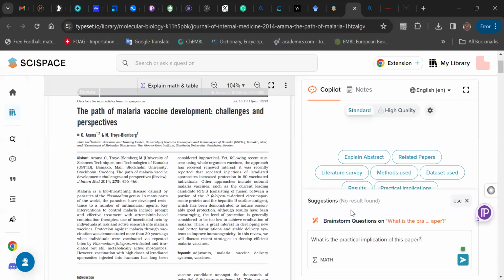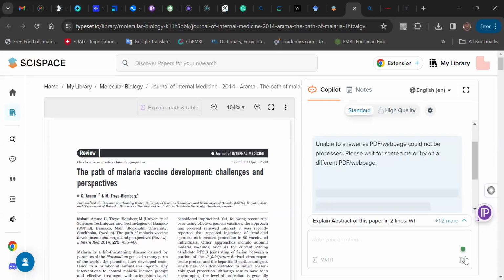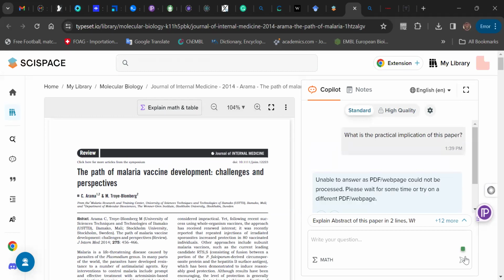Looking at this paper, what are we going to gain from it practically? And I click on this. Okay, it has not fully loaded.